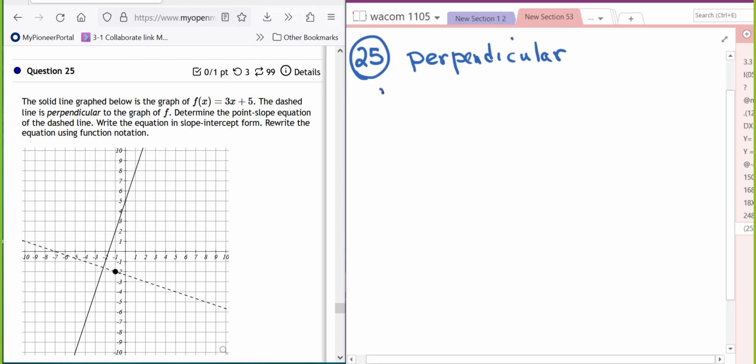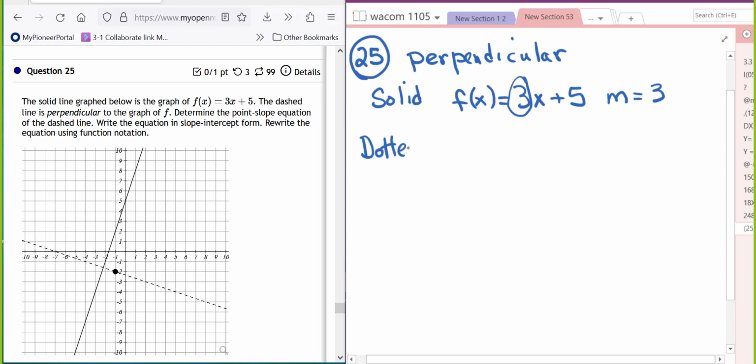So our solid line is f of x equals 3x plus 5. It is perpendicular to the dotted line. So this one's slope is 3. The dotted line slope will be opposite sign and flip it over. M will be -1/3. So that's what you get from knowing that the lines are perpendicular.